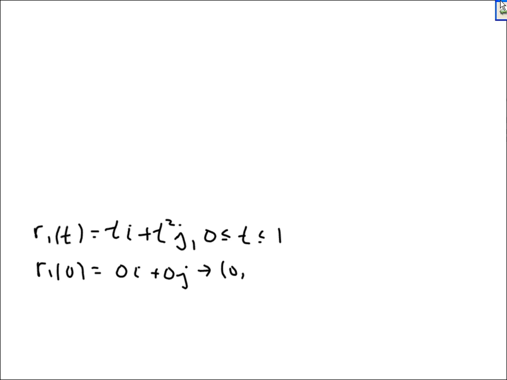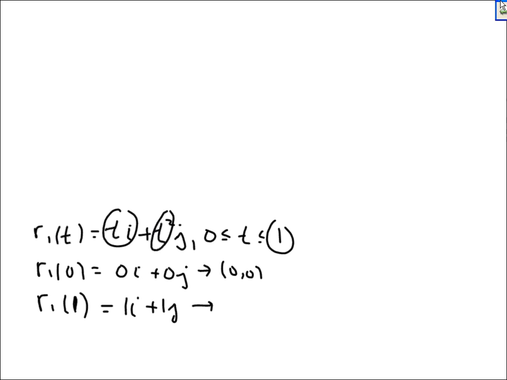That is, it starts at (0, 0). And R1 of 1, I'm letting t be 1 now, you get 1i plus 1 squared, which is 1j, (1, 1). That is, it goes from (0, 0) to (1, 1).